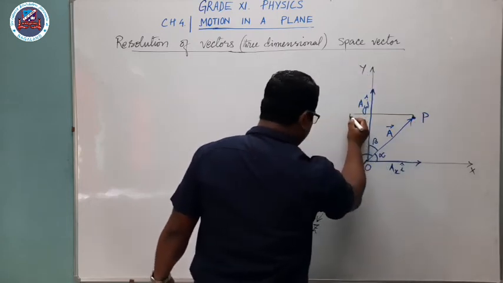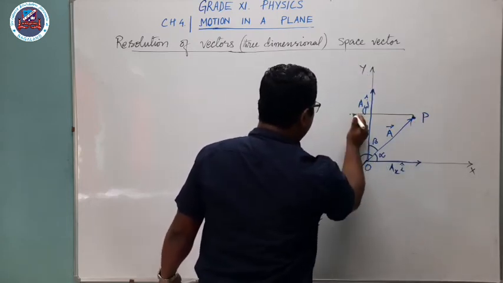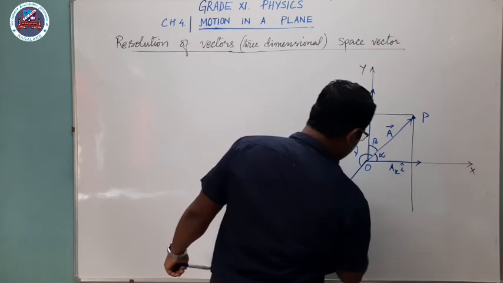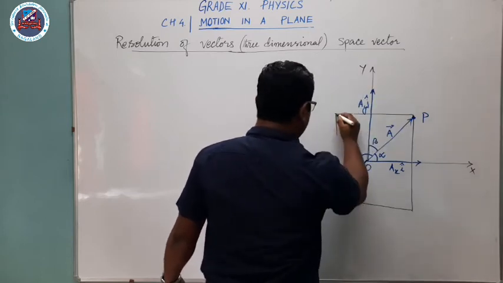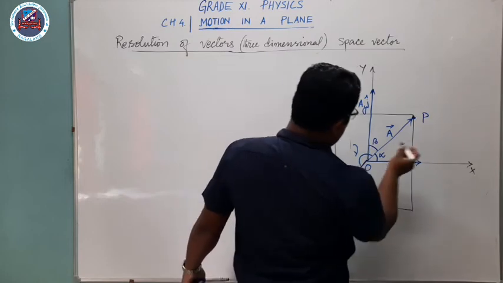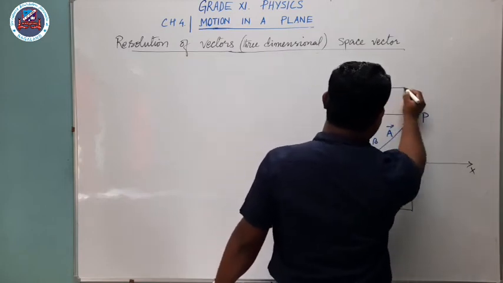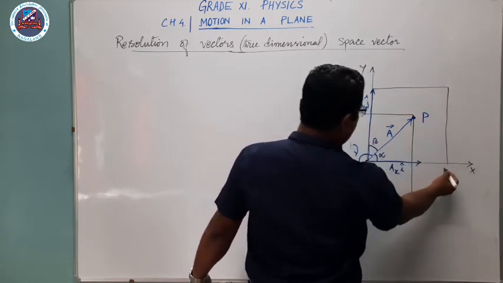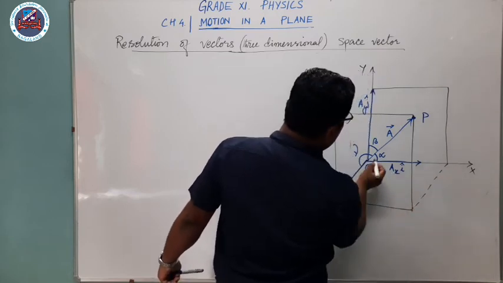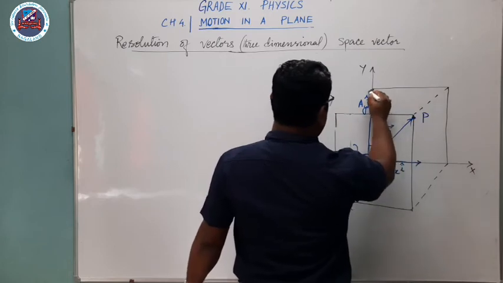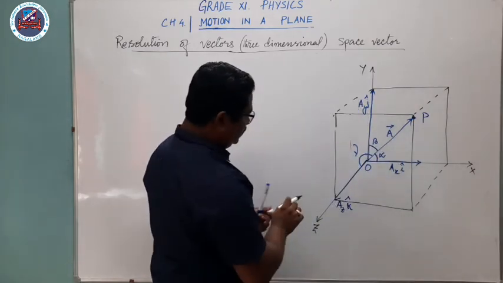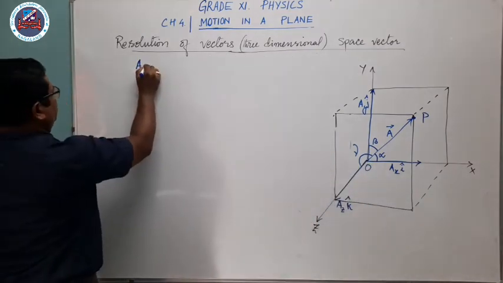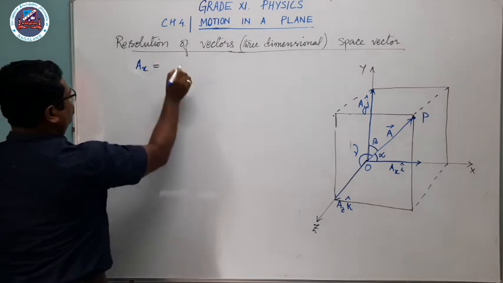Now in this case you can draw the cube this way. It will look like this. In this case, A is your overall vector.